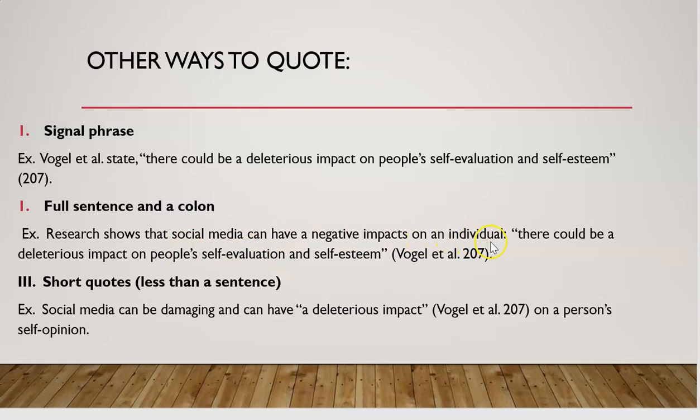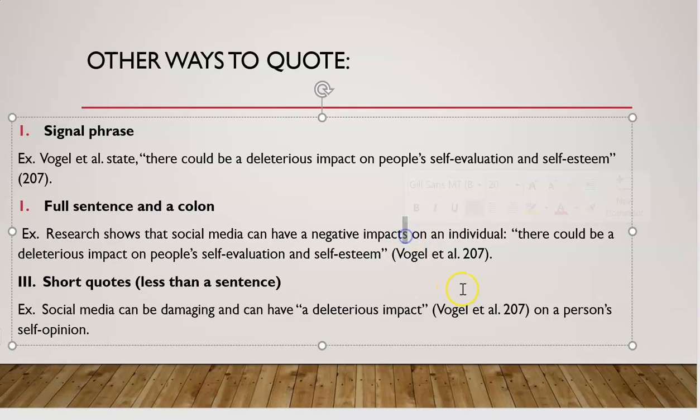So the best way is to use a colon. So here's my sentence: research shows that social media can have a negative impact on an individual, and then the colon, and then the quote. There could be a deleterious impact on people's self-evaluation and self-esteem.